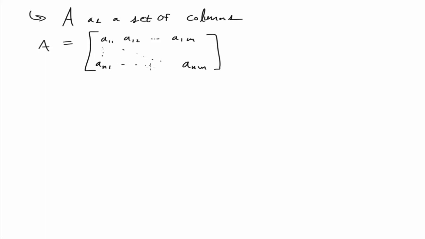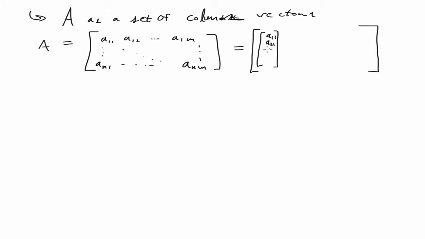That's how you'd write the matrix, but I really want to write it as a set of column vectors. Each vector we can write as follows: A11, A21 all the way to An1, then A12, A22 all the way to An2, and so on, up to A1m all the way to Anm.